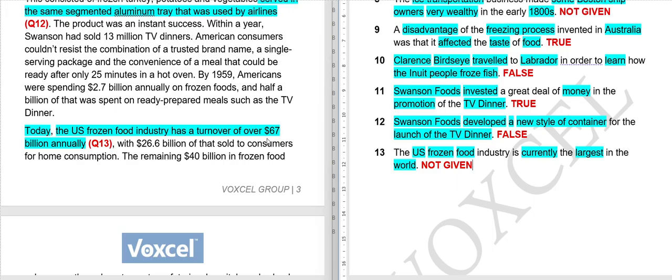They are just telling the numbers of the US sales in the frozen industry. Other than that, we don't have any information whether it is in first place, second place, or whatever place. That's why our answer to this question should be not given. I hope it is clear.